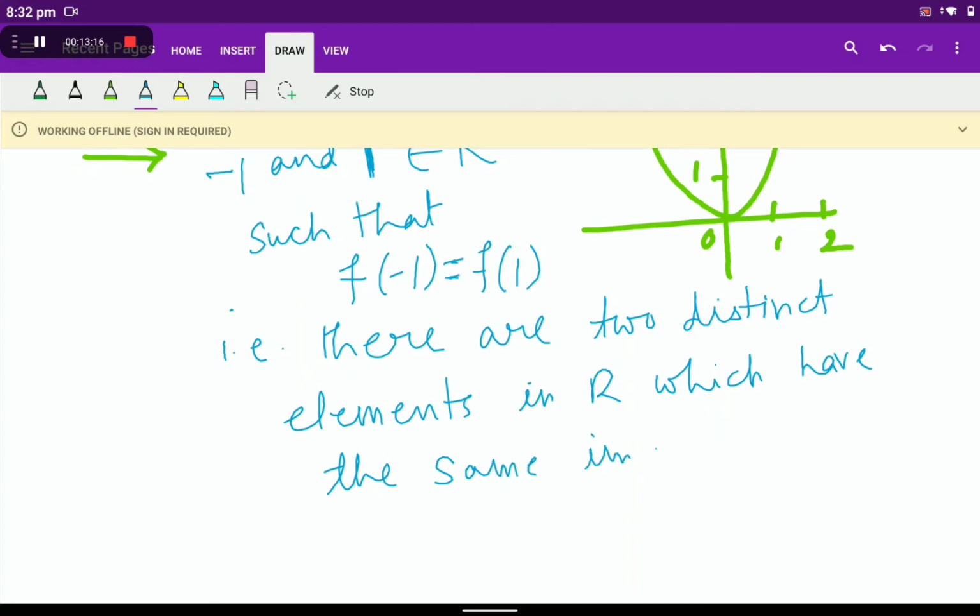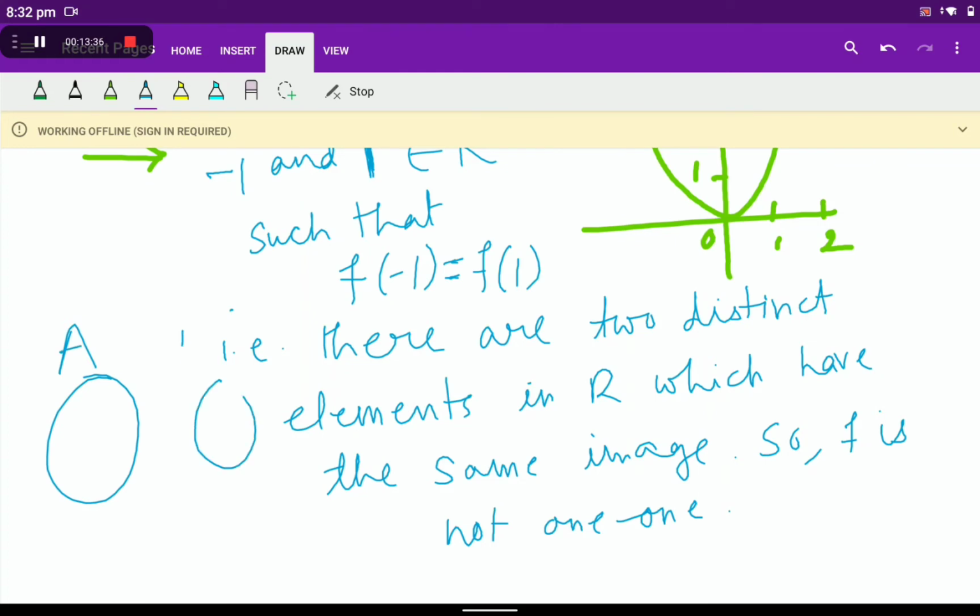So f is not 1-1, because from the definition of a 1-1 function we already know that if different elements have different images, then we can call f a 1-1 function. But here, f of x equals x square, so there are two distinct elements, minus 1 and plus 1, and both have the image 1. So this is not 1-1, that is, it is a many-one function.